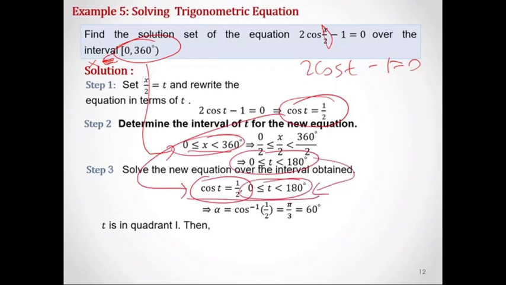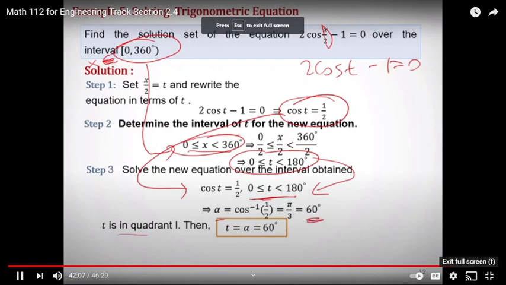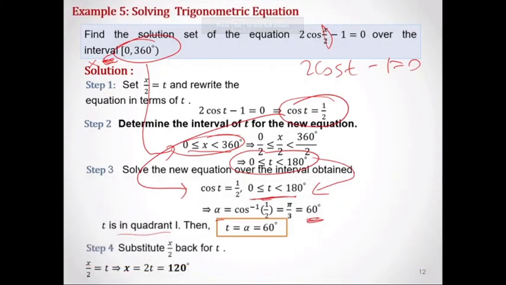I mean, everything in terms of t. Now we will solve it, and which alpha makes this? I mean, 60 degrees, and cosine is positive only at 60, or not 120. So the only solution will be 60. T is in quadrant 1, so it will be just 60. The reference angle will be this one.